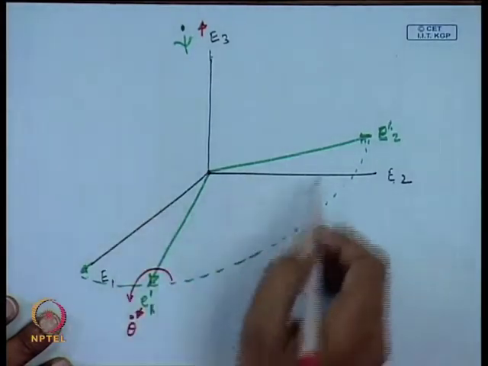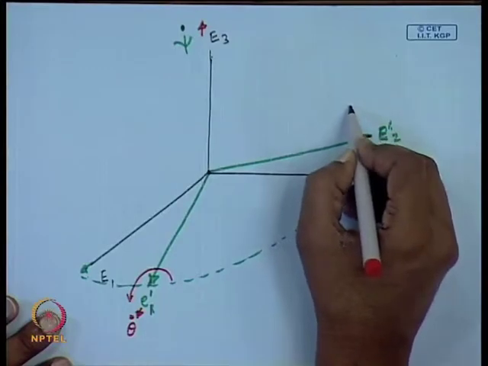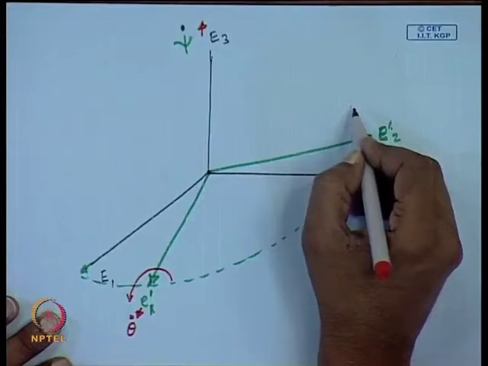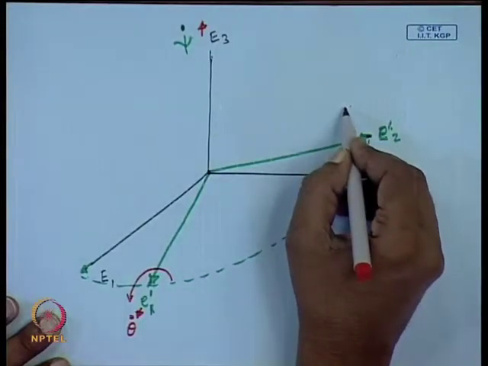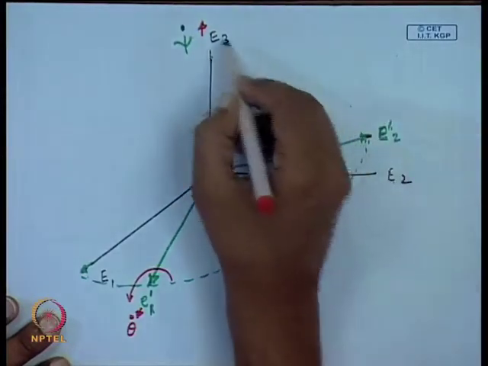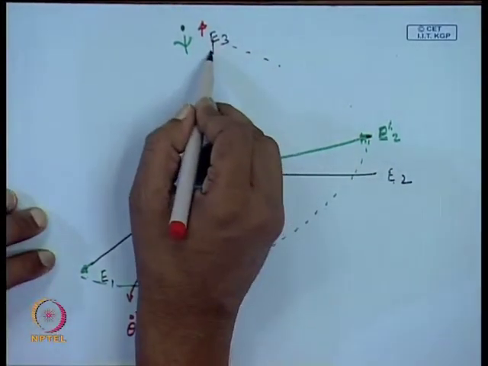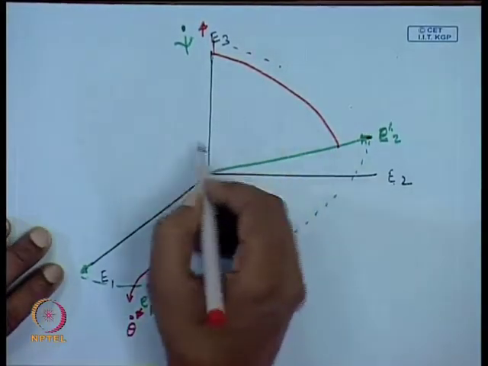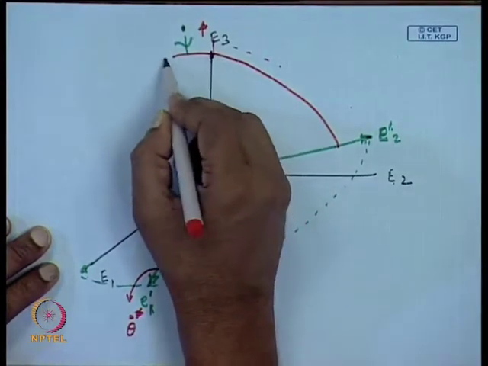So, if we are rotating about this, this x will rotate, it will move from this place to this place. So, we take it up and this will go from here to here. So, this vector will move from here to here.